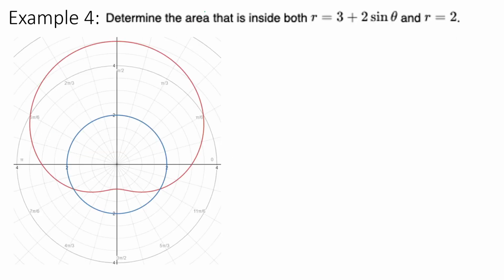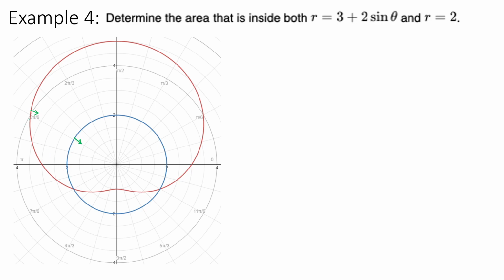We're going to determine the area that is both inside of the red graph and the blue graph. So inside r equals 3 plus 2 sine theta, and also inside the blue graph.